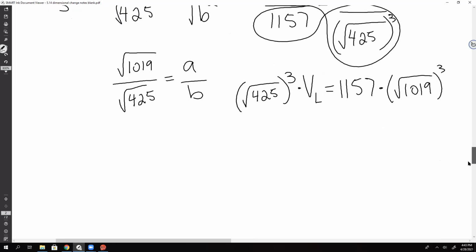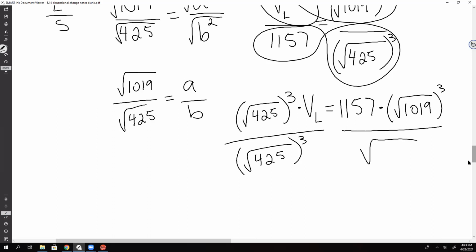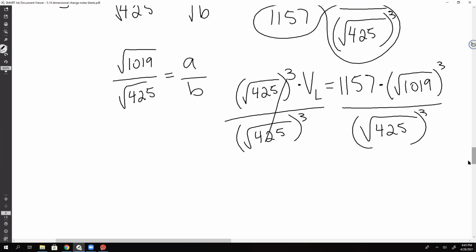And again, I'm not putting anything in the calculator just yet because these square roots are not nice numbers. So I need to get the volume of the large one by itself first. I'm going to divide by the square root of 425 cubed. And so now these will cancel.